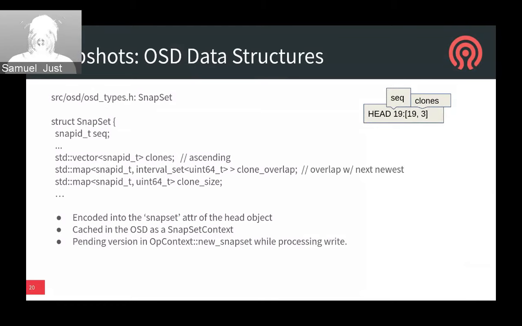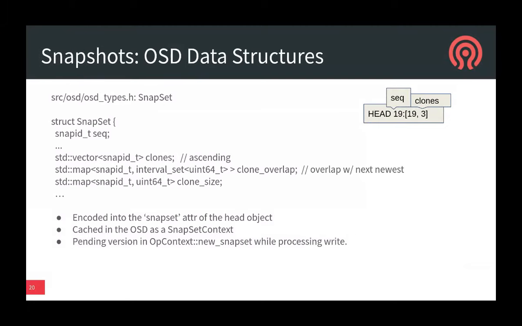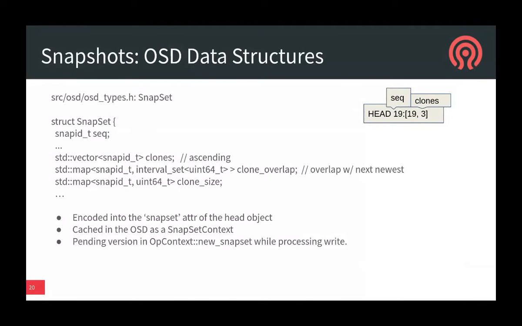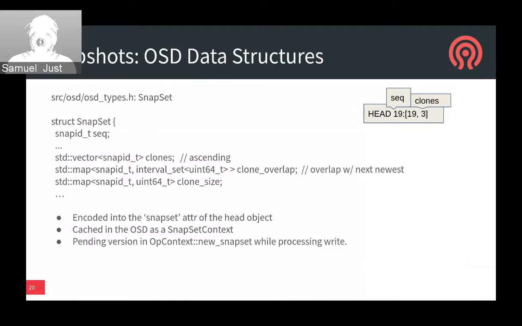We also have a few look-aside structures like clone overlap and clone size that track the byte ranges that overlap between adjacent clones and the size of each of those clones. This gets encoded into the snapset attribute of the head object, and it gets cached in the OSD as a SnapSetContext, a bit like the object context, if you're familiar with it. As we process a write, the op context has a new snapset field that projects the to-be committed snapset until the write commits.